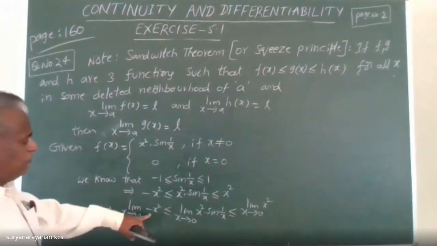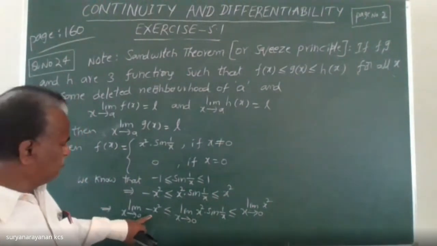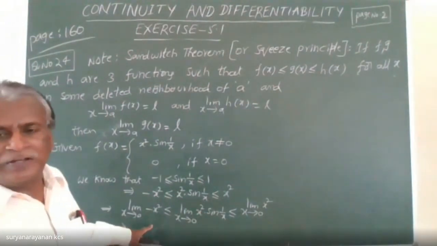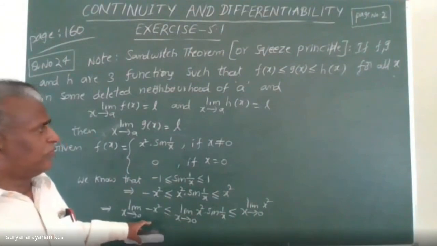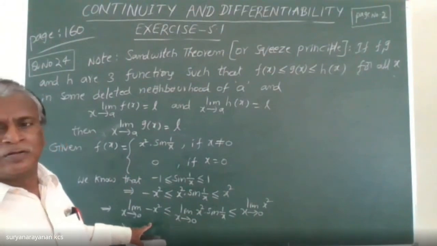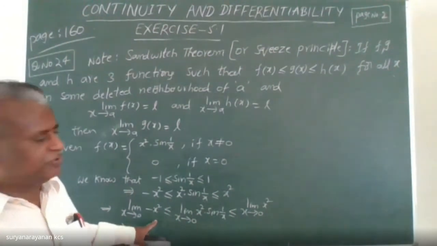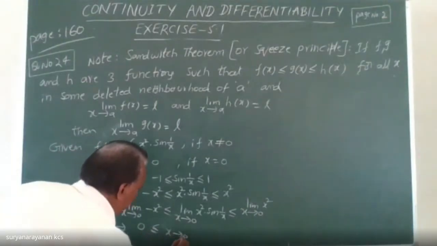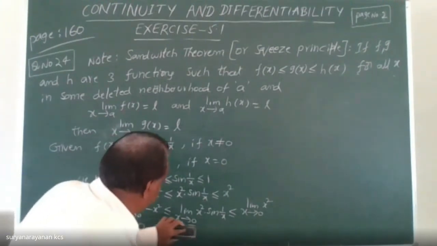Then what do we get? What is the limit of this function? Use the direct substitution method. It is 0. Less than or equal to, as x tends to 0, limit of x square into sine 1 by x, this is nothing but f of x.